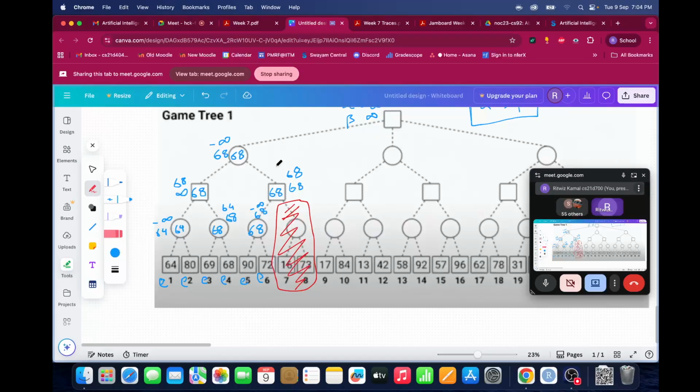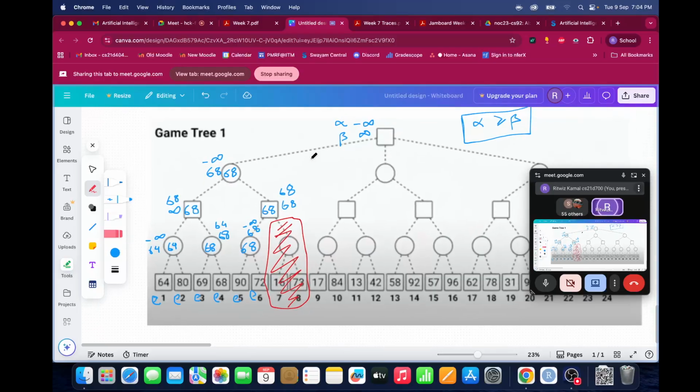Any doubts? So far for each and every node we are checking this condition, alpha greater than or equal to beta. In every situation where a child is returning a value, where there is a potential update to either the alpha value or the beta value, we will check whether a cutoff has been reached or not.